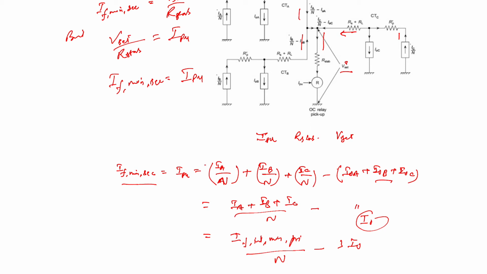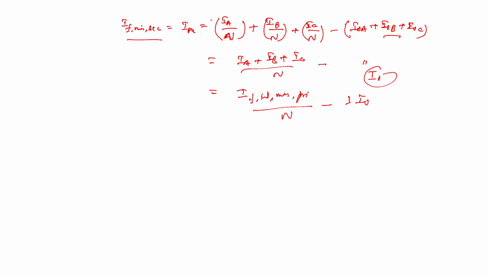So we multiply both sides by N. Since this is I per unit, we get N times IPU equals IF internal minimum primary minus 3 N I naught.